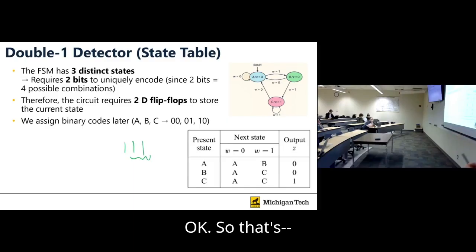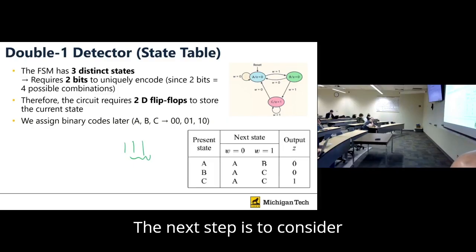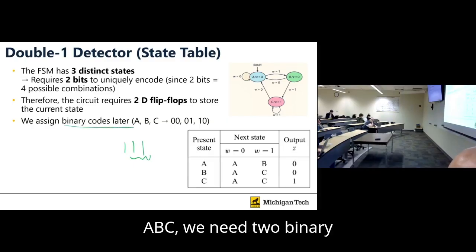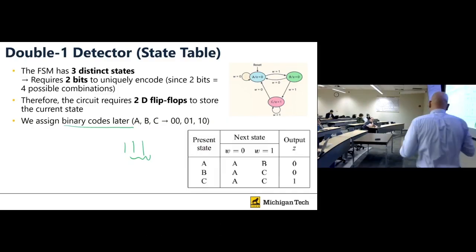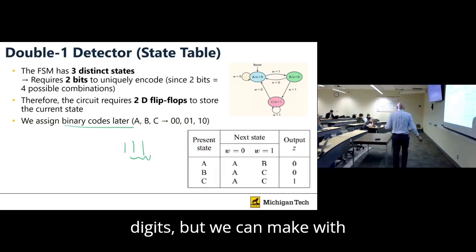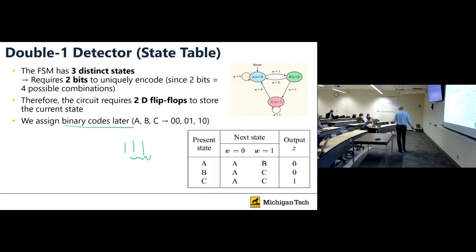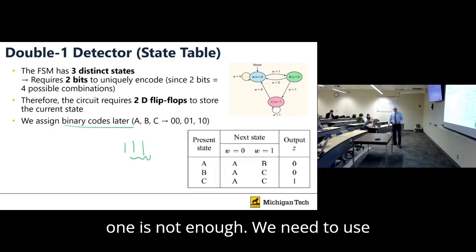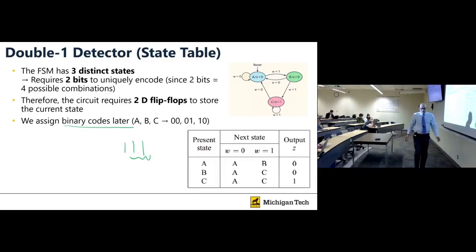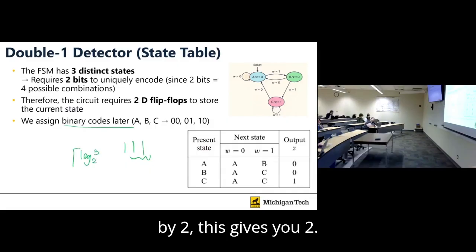Okay, so that's it. The next step is to consider binary codes for that. For A, B, C, we need 2 binary digits. We cannot make it with 1, 1 is not enough. We need to use 2, because of log base 2 of 3, which gives you 2, rounded up.